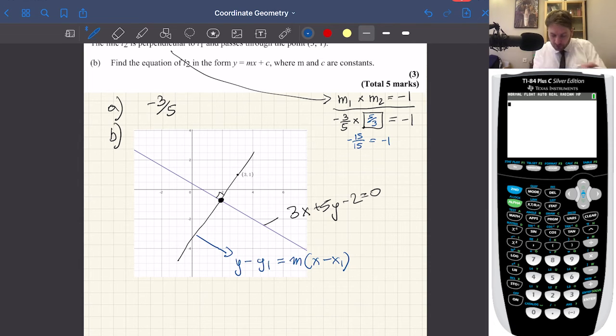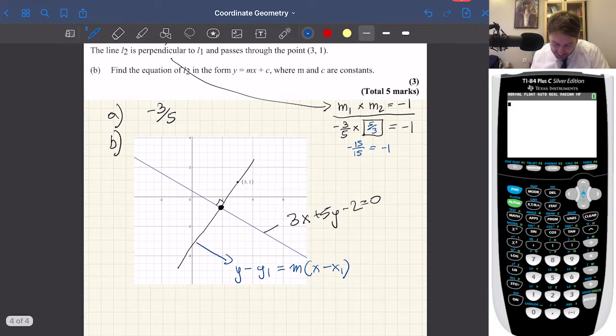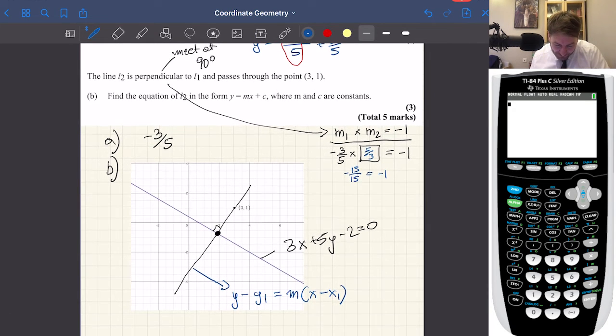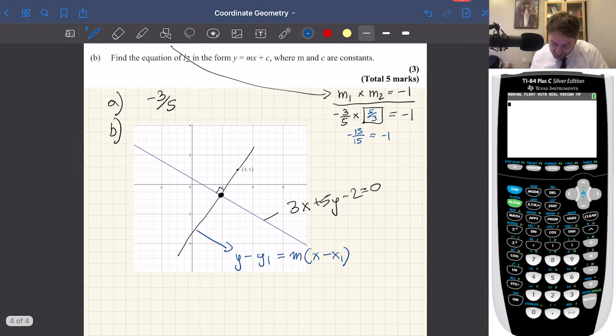And what do we have? Well, first of all, we know the gradient right now, right? We know this value being 5 over 3.